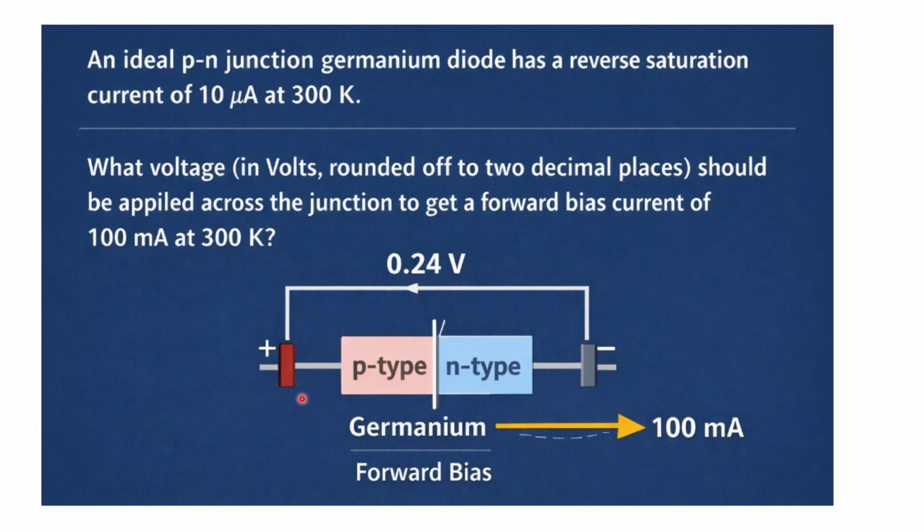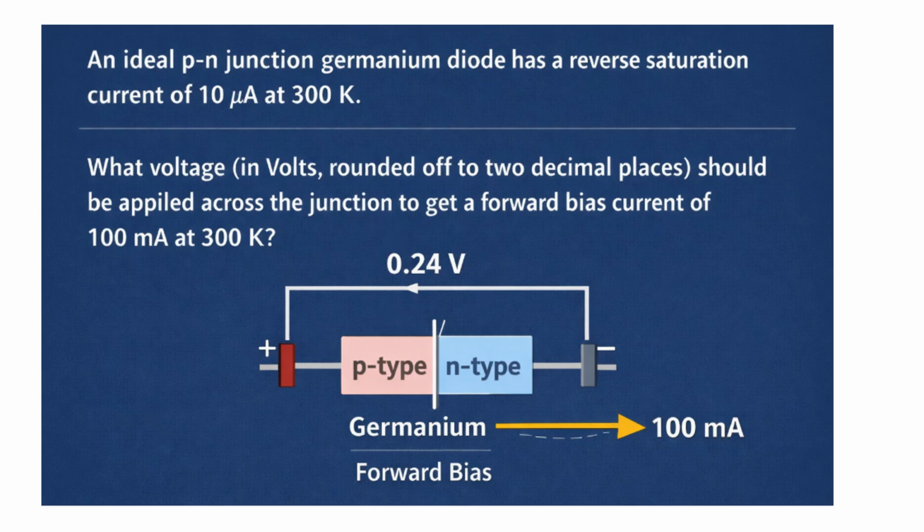How much voltage do we need to apply across this diode so that 100 milliampere of current flows? The reverse saturation current is given as 10 microampere, and the forward current is also given. You just have to find the voltage.